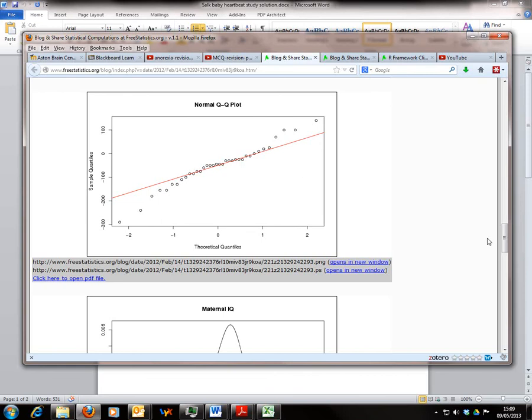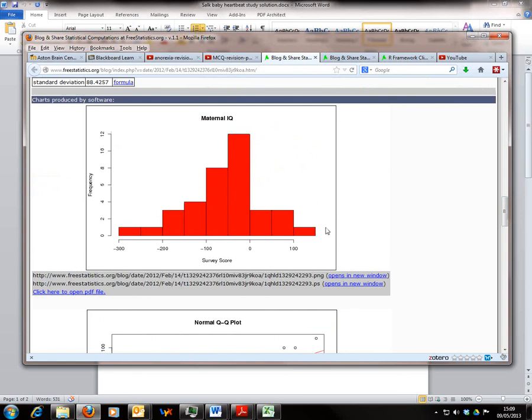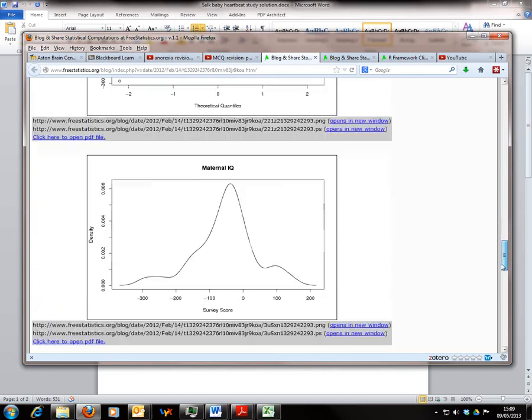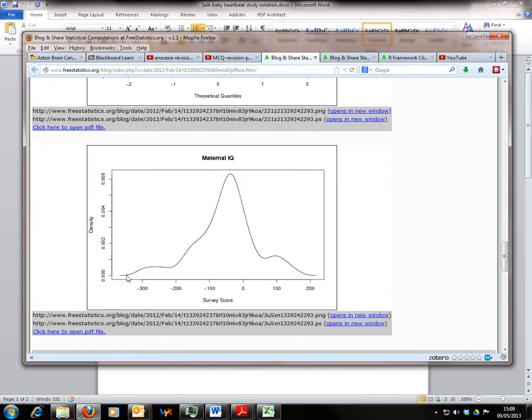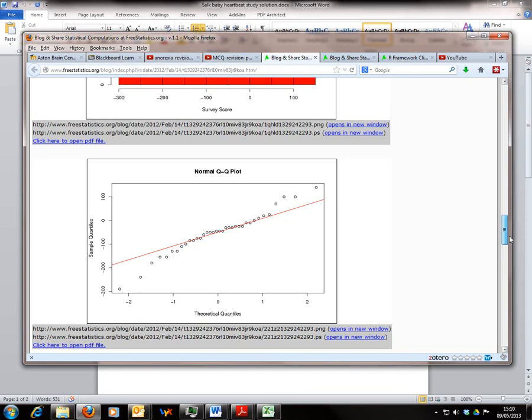And when it's like this, it suggests that there's too much data away in the tails of the distribution. See, this here is sort of more flattened out. It's a platykurtic distribution, right? And we can see that a little bit also in the density plot. There's too much data away out in the tail. So this is quite strongly not a normal population.